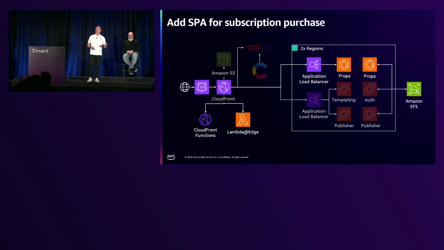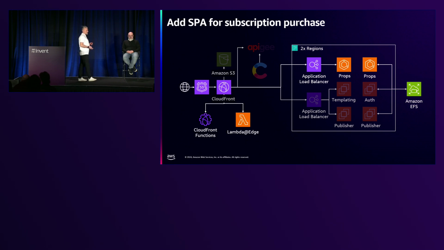And that is the journey of purchasing a subscription of Formula One TV. So self-contained domain that was easy to extract onto a new architecture, which is depicted by the ECS cluster props you see there.